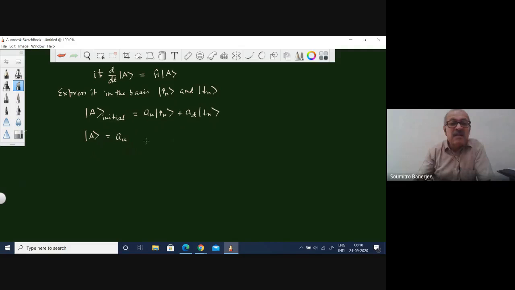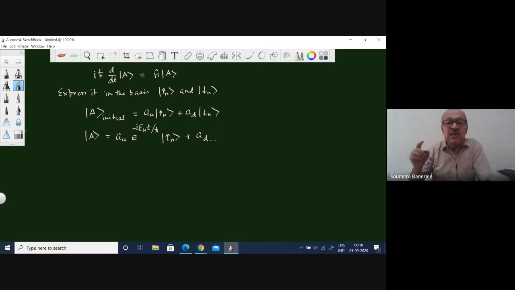The phase factor is in the same way e to the power minus i, the energy. Energy in this case is E_up t by h cross, exactly the same phase factor, times |up⟩, plus A_down.